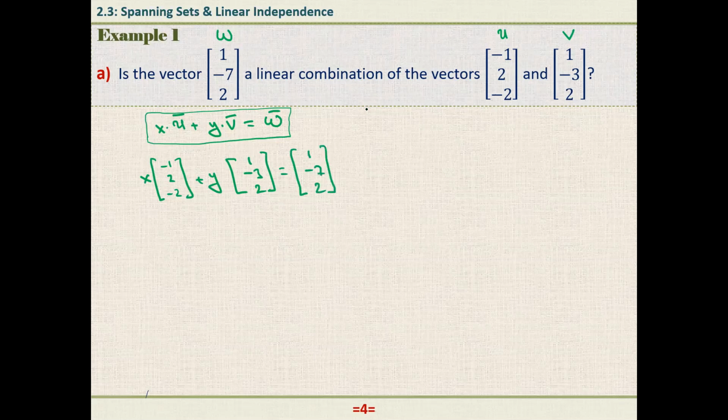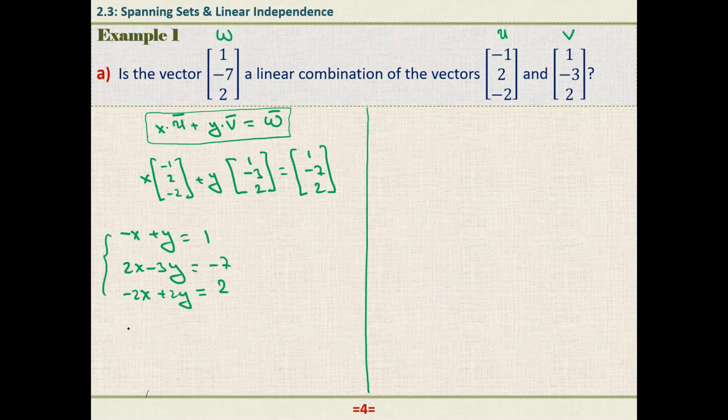Now we have already started solving the system. If you write this as a system, we have -x + y = 1, then 2x - 3y = -7, and the third equation, -2x + 2y = 2.